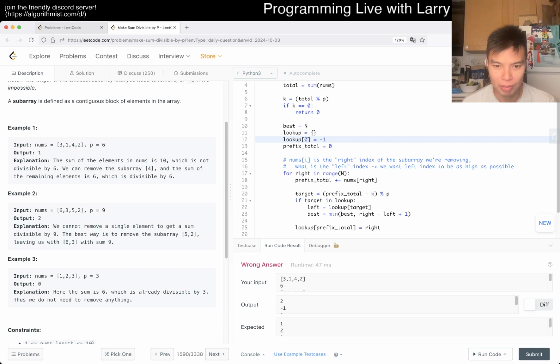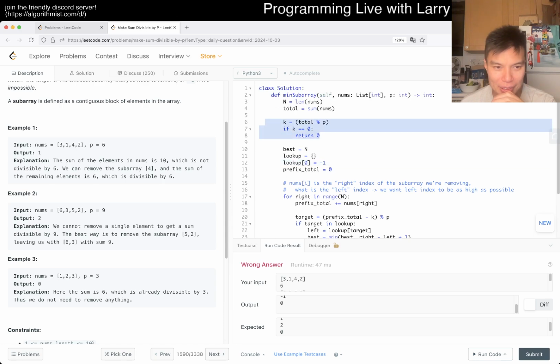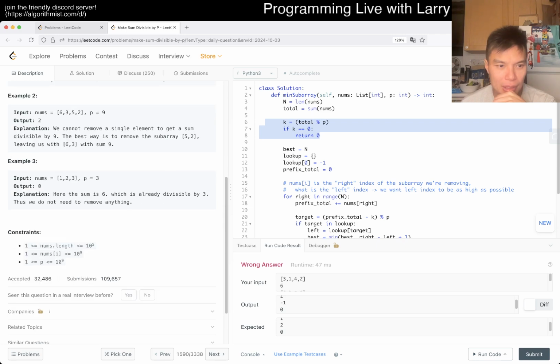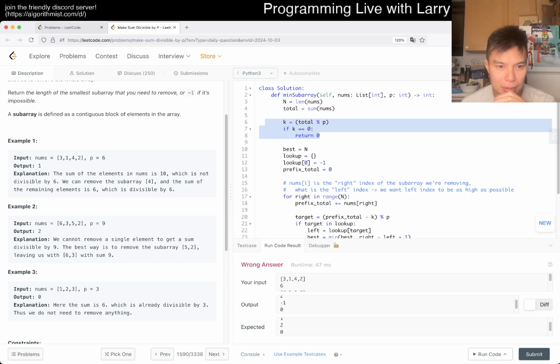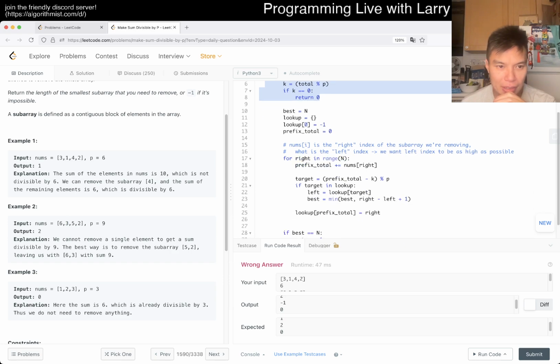Okay, so why is this wrong? Dun dun dun. The fun part of debugging. I mean 0, this is good, but then that's just this if statement, so of course it's going to be good. I put -1 here. They don't have a -1 answer actually, so that's actually weird, but we can remove 5, 2 to get 9, so okay.